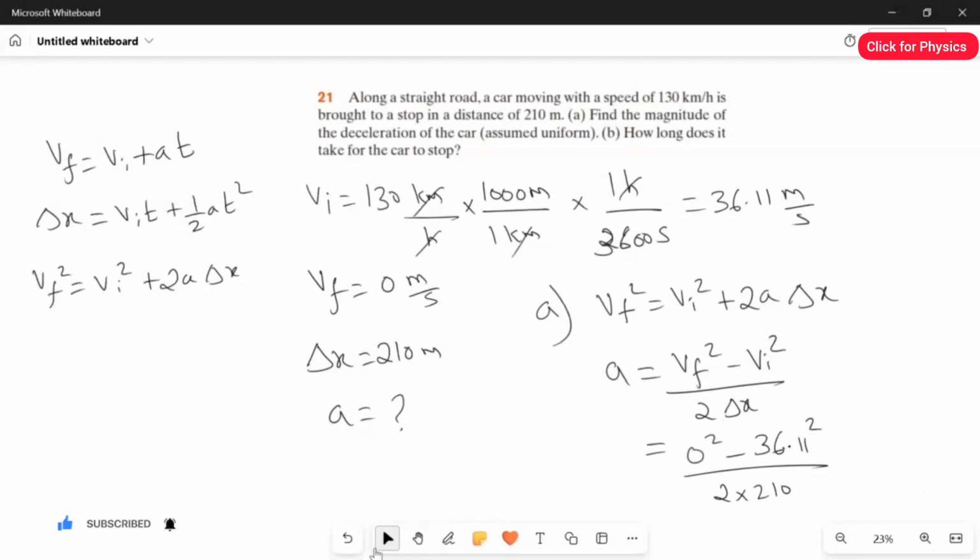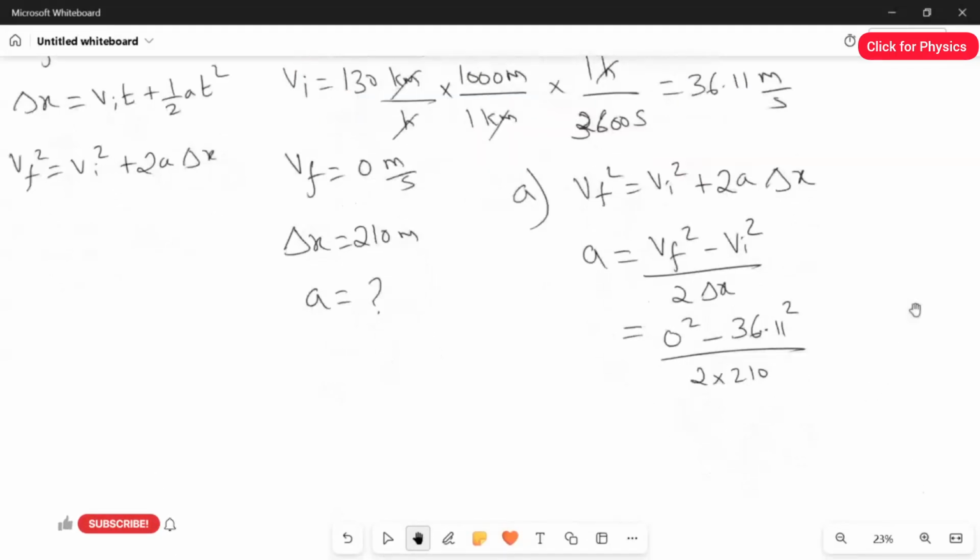Now let's see what the answer is. We got the answer as minus 3.10 meter per second square.